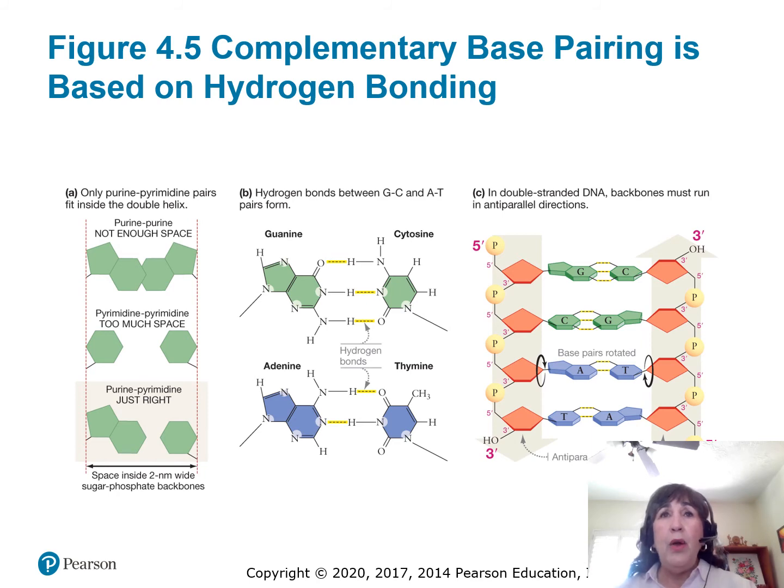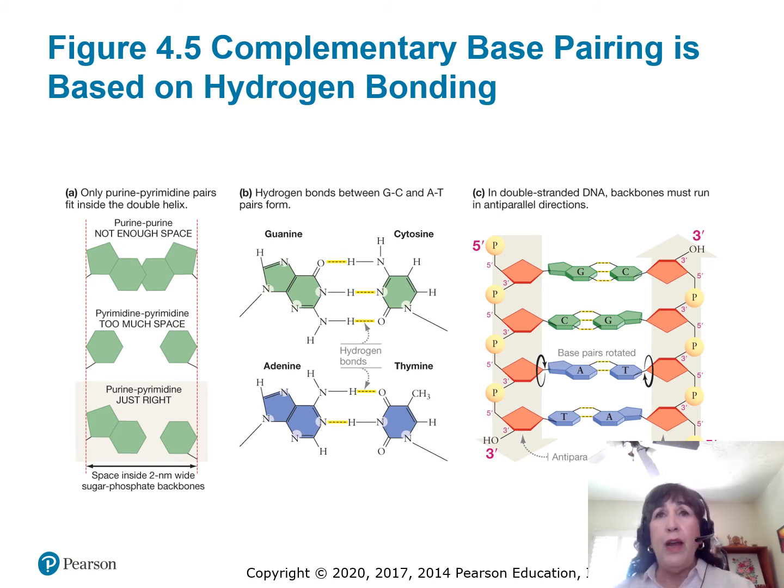In B, we notice that actually the nitrogenous bases in the middle are held together by hydrogen bonds. For the test, you don't have to know whether it's 3 hydrogen bonds or 2, but you do have to know that the double strands are held together by hydrogen bonds.